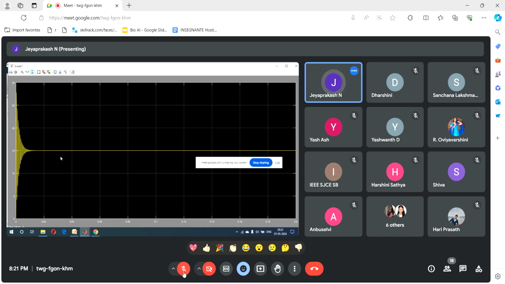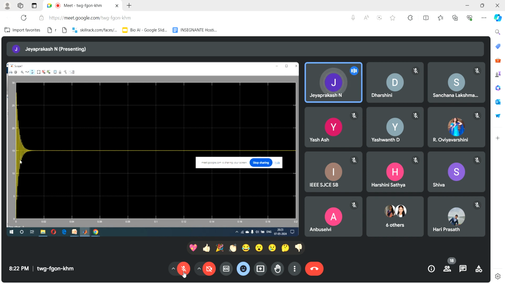In the previous graph we achieved the steady state value at 0.06 second, but with the help of the transfer function we have achieved the steady state value before 0.02 second. So the settling time has been reduced, but in this graph some maximum peak overshoot is there. Okay, and rise time and peak time will differ from the previous case.